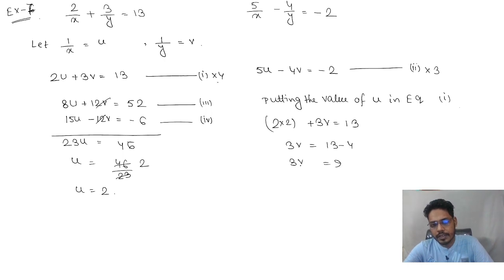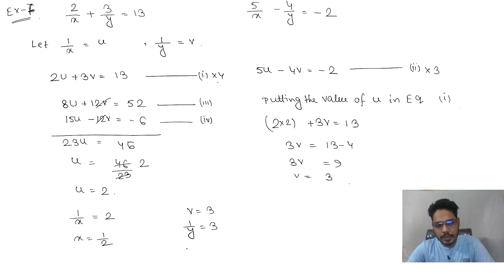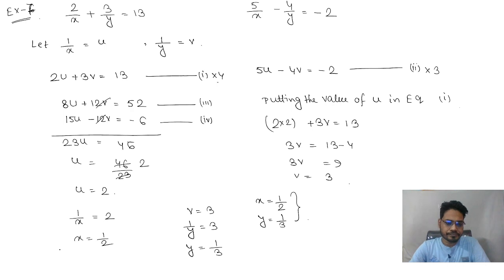So 3v is 9, so v is equals to 3. Now you know that u is 2, that means u is 1 by x. 1 by x is 2, that means x is equals to 1 by 2. Now v is 3, and v is 1 by y. So 1 by y is equals to 3, that means y will be equals to 1 by 3. So x is equals to 1 by 2 and y is equals to 1 by 3. These two are the values.